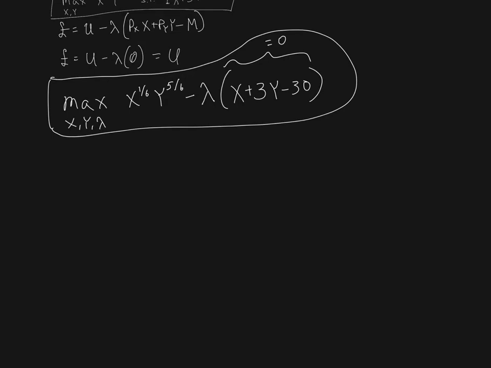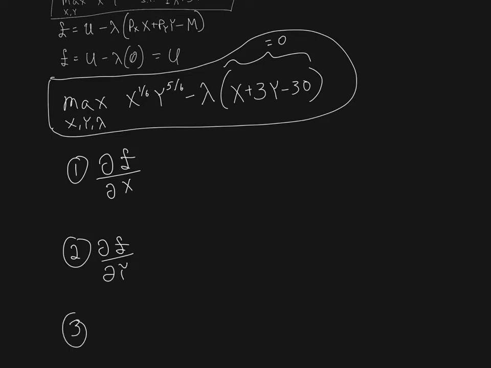So you have three first order conditions. The first first order condition is the partial derivative of the Lagrangian with respect to x. The second first order condition is the partial derivative of the Lagrangian with respect to y. And the third first order condition is the partial derivative of the Lagrangian with respect to lambda.